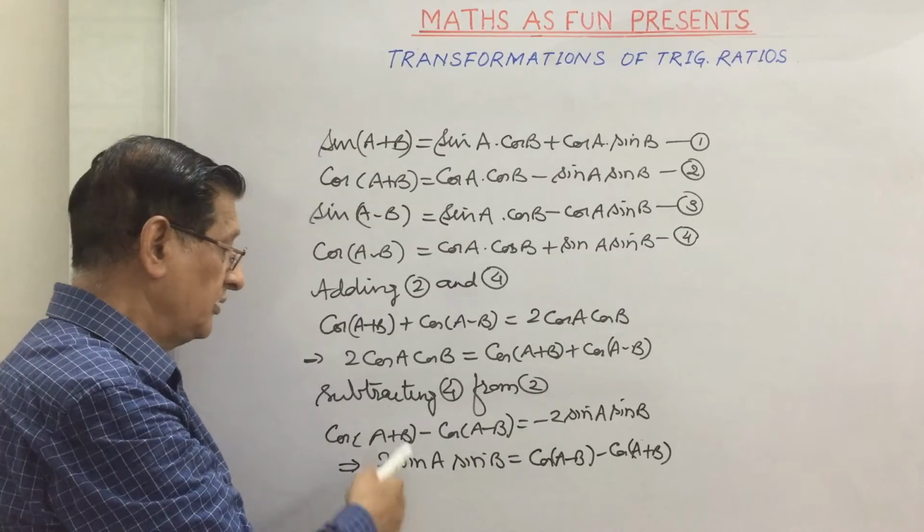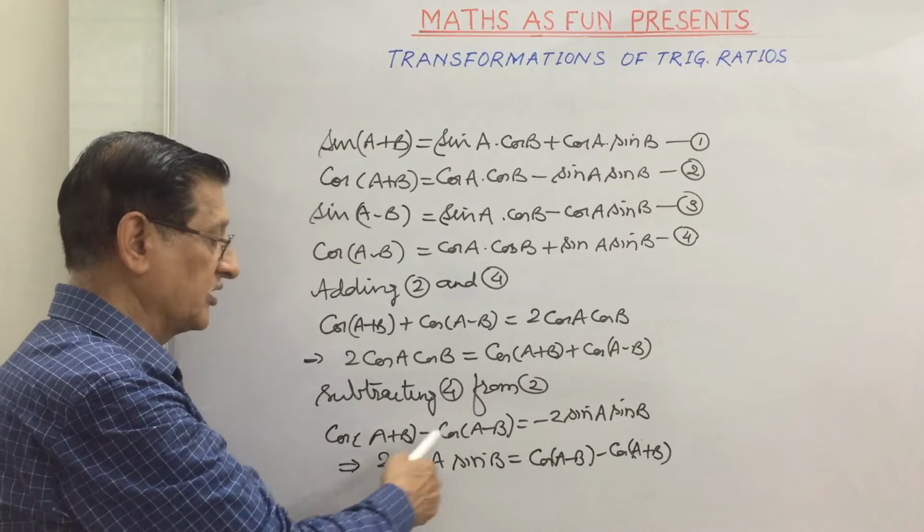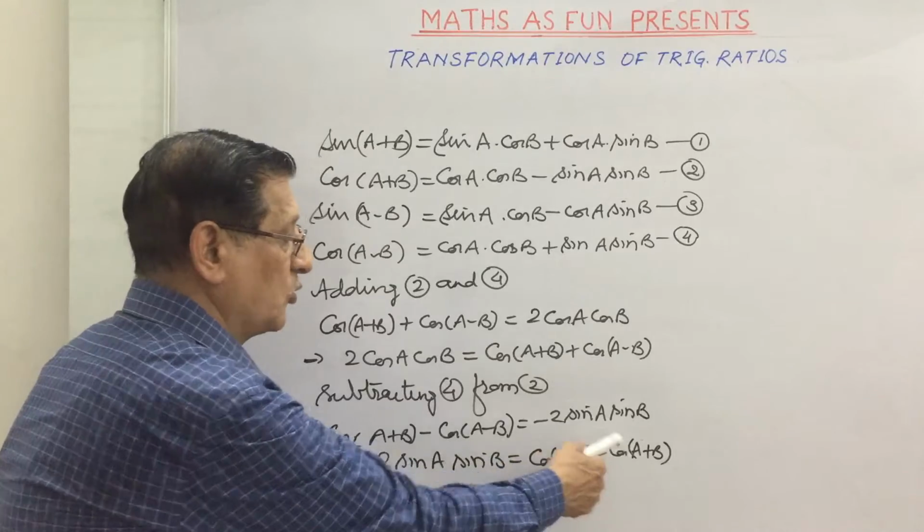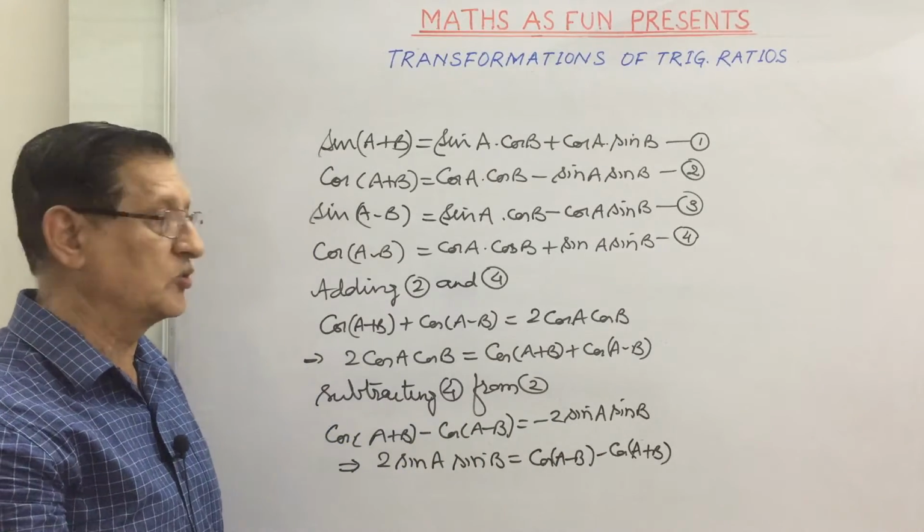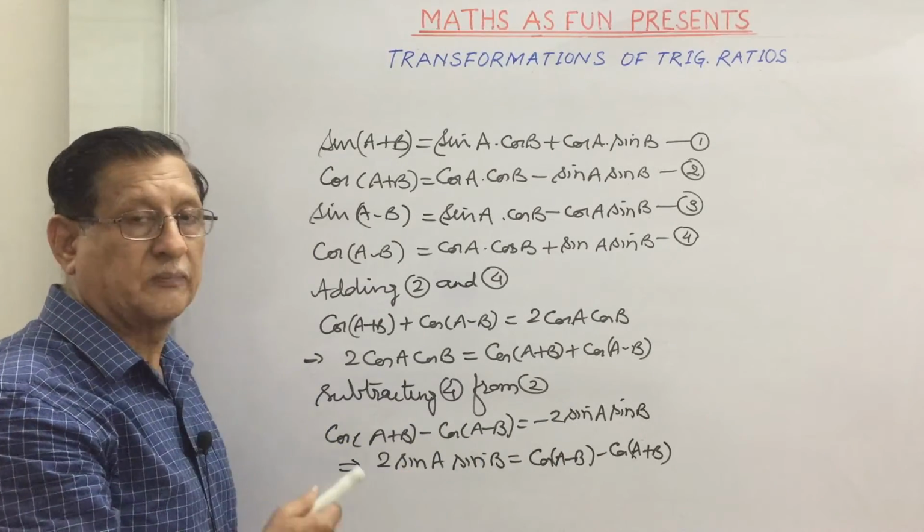So please remember that this is positive 2 sin A sin B can be written as cos A minus B minus cos of A plus B.